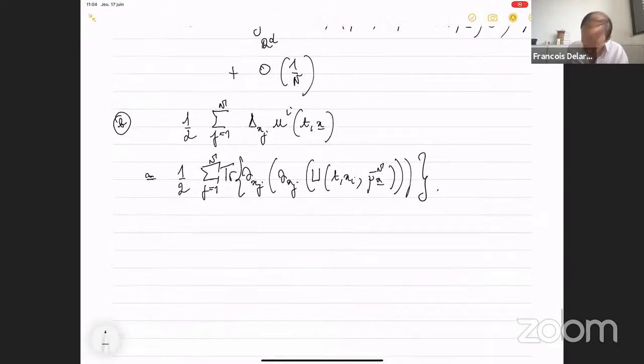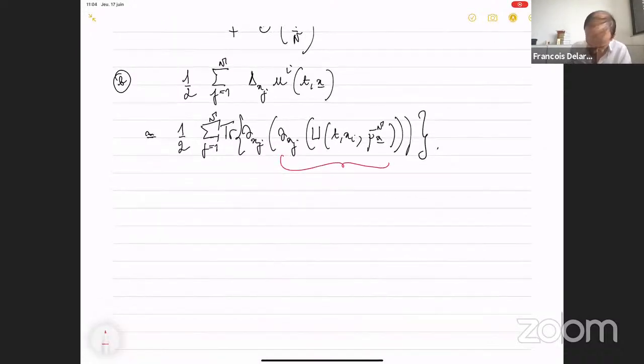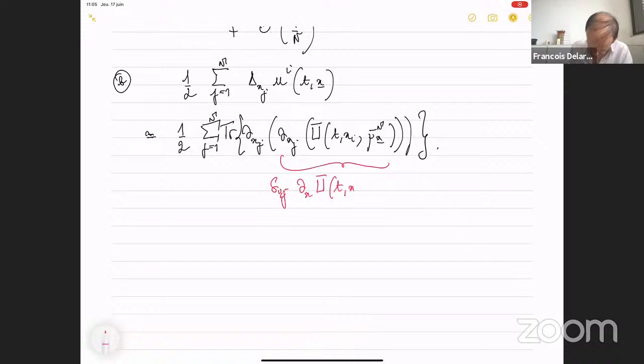Okay. And I play the same game as the one I did just a few minutes ago. So this is delta ij dx. So there is a bar on u, should not miss this. Dx u bar txi mu underline x bar plus 1 over n d mu u bar txi mu bar and x underline xj.